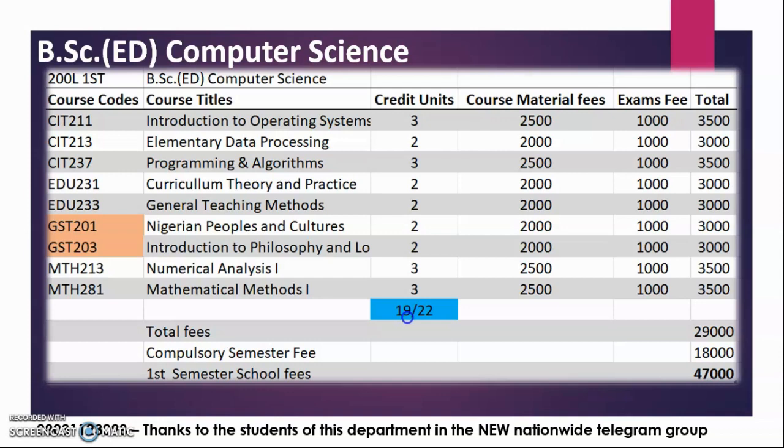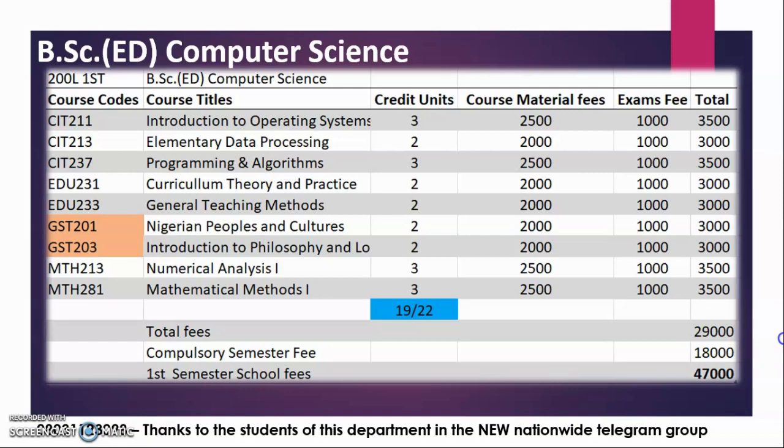If you failed any one from previous semester, this is the time you register. It's also an opportunity to clear that up. And the total fee for these courses here amounts to 29,000 plus the compulsory fee of 18,000, which amounts to 47,000.